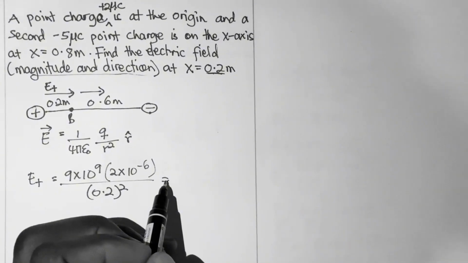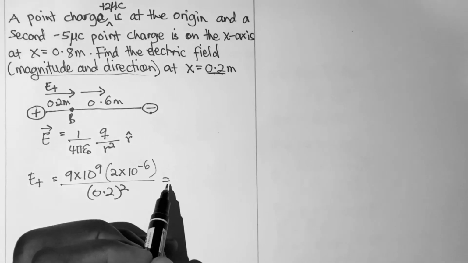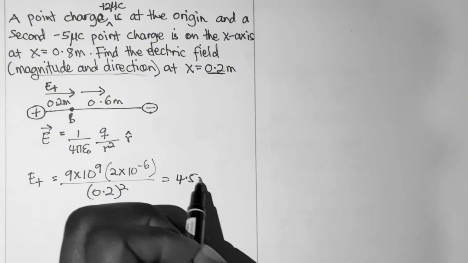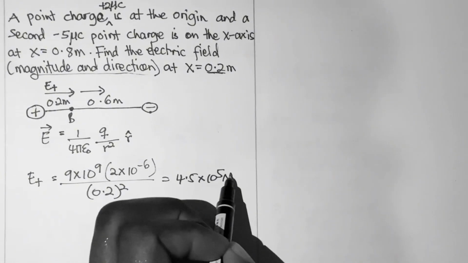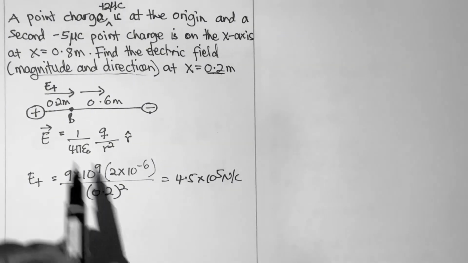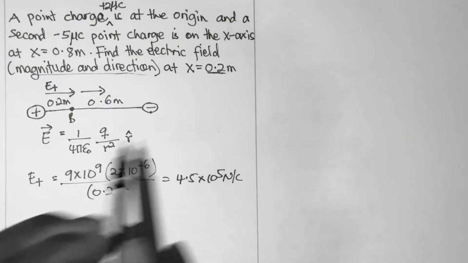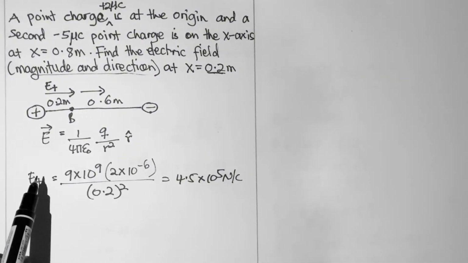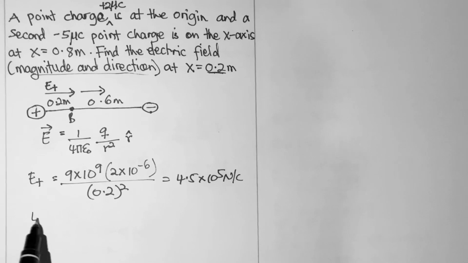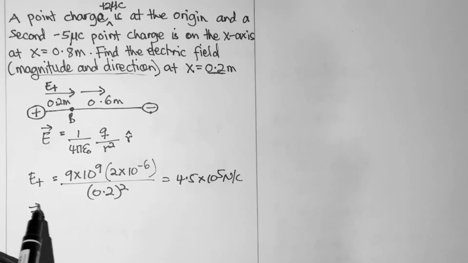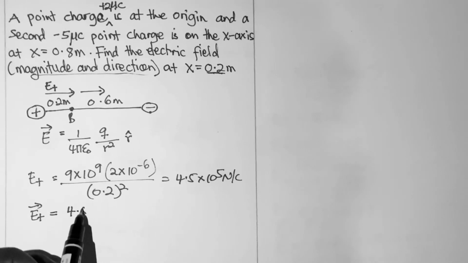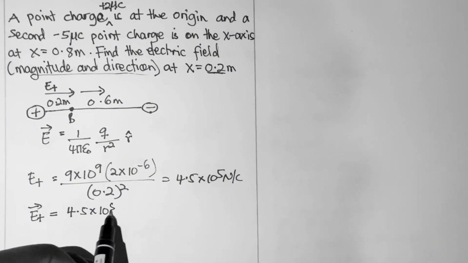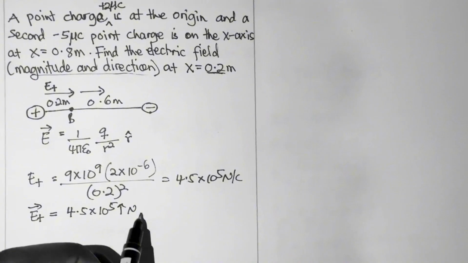And if you compute that, you are going to get 4.5 times 10 exponent 5 newtons per coulomb. But remember that this is going in the positive x direction, and therefore in terms of the electric field vector, E plus is equal to 4.5 times 10 exponent 5 i newtons per coulomb.